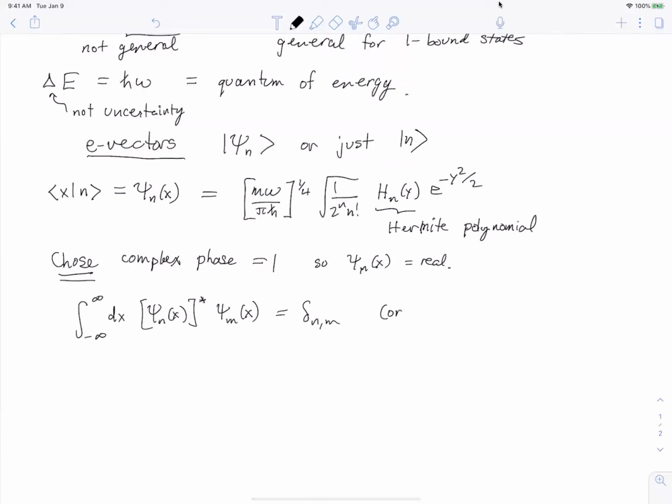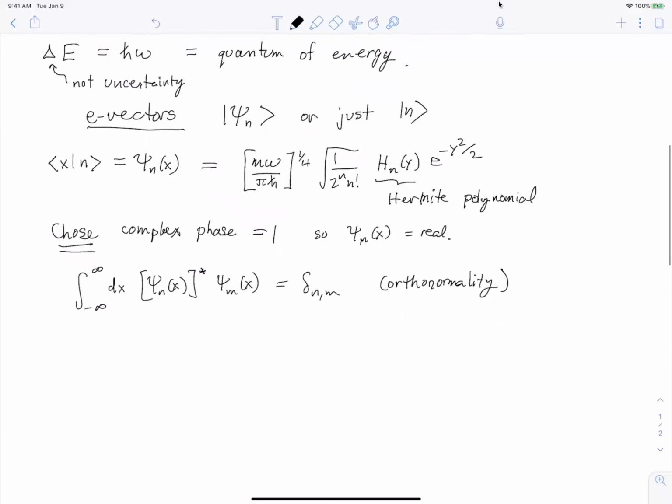That's the orthonormality condition. Okay, and that's what all these factors again are for, to make that true. And here, the star actually doesn't do anything, but we keep it there for good form anyway. It does nothing because we happen to choose our wave functions to all be real.